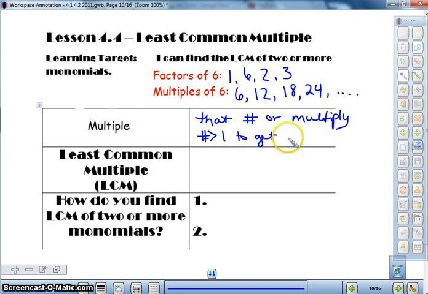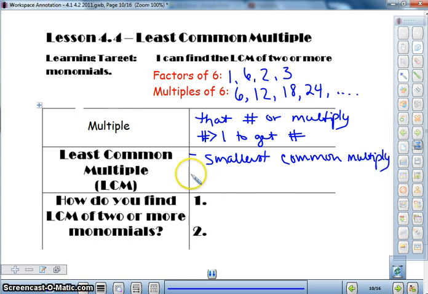What is our least common multiple? It's the smallest common multiple. So when we look at 6, 12, 18, it would be the smallest of these that they have in common. Now, again, with the variables, it gets tricky.